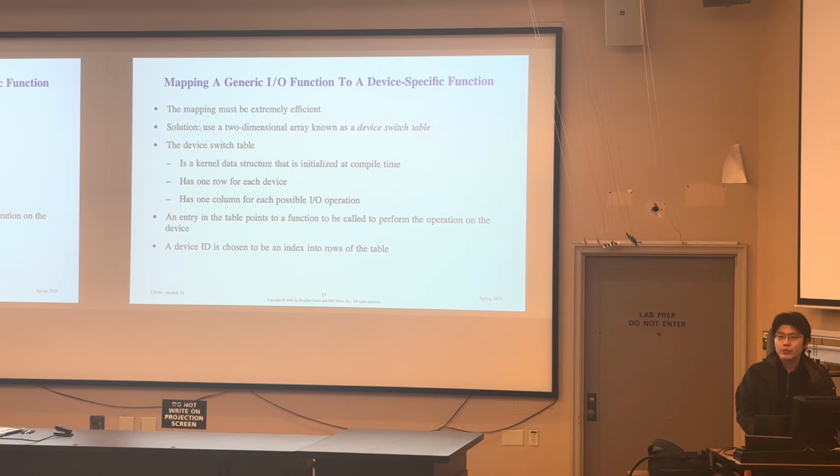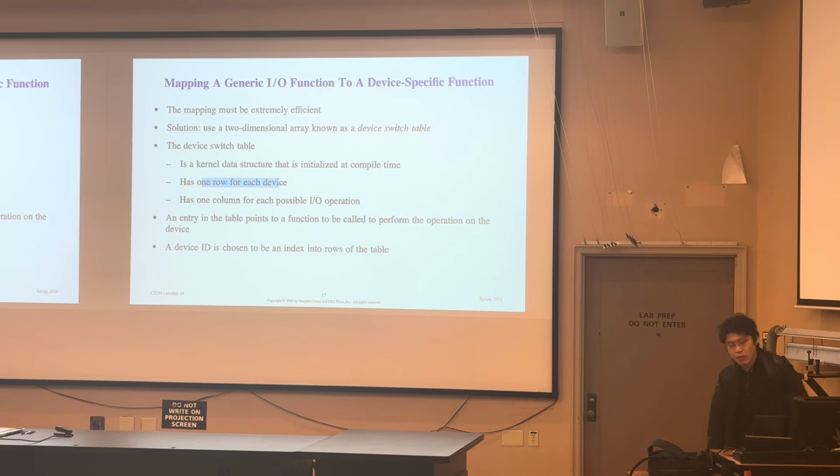So what we do is use a mapping, a two-dimensional array, as an essential mapping called the device switch table. The device switch table is initialized at compile time, and it has one row for each device, every device has a row, and one column for each possible I/O function.